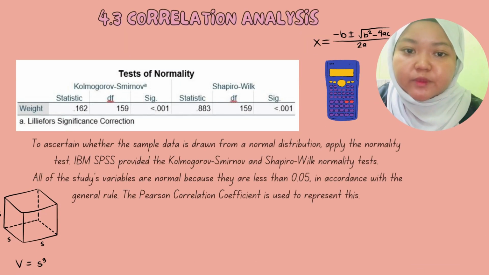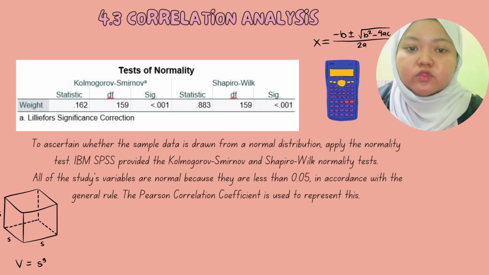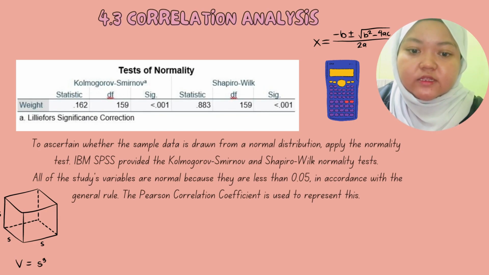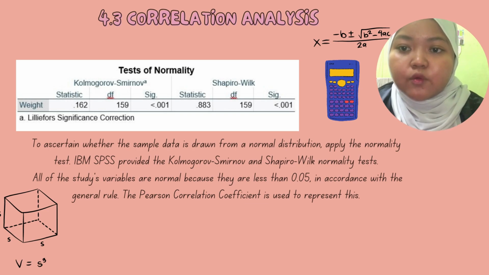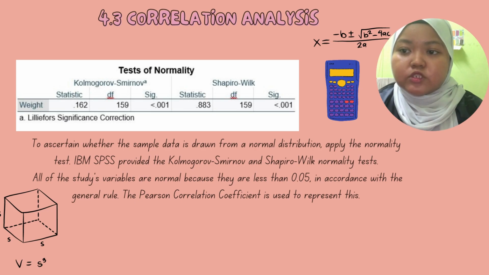Thank you. Hi, Assalamualaikum. My name is Nur Aishafika binti Noisha. My matric number is A22A052X. I want to talk about correlation analysis. To ascertain whether the sample data is drawn from a normal distribution, apply the normality test.